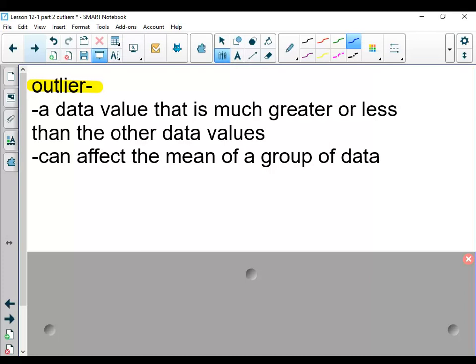Here's a good example. If my kindergartner, he's 6, all of a sudden decided to join your class, he would be an outlier because he's much younger and shorter than all of you.